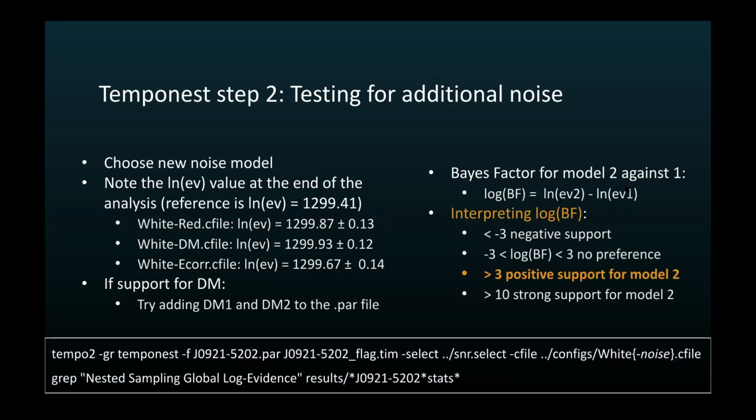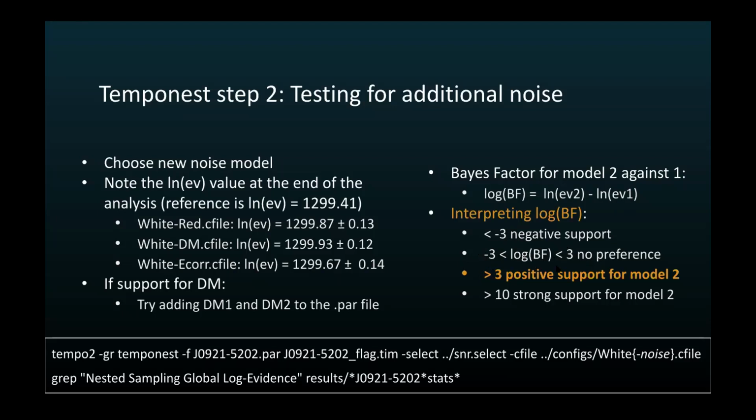In other words, there is support for model 1 versus model 2. If it's between -3 and 3, then there's no preference. You can expect this just by statistical chance, basically, or if there's very weak evidence, but it's not important.